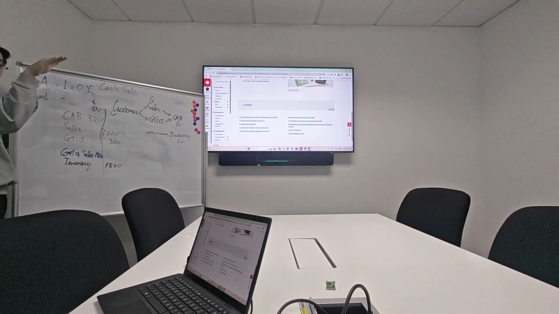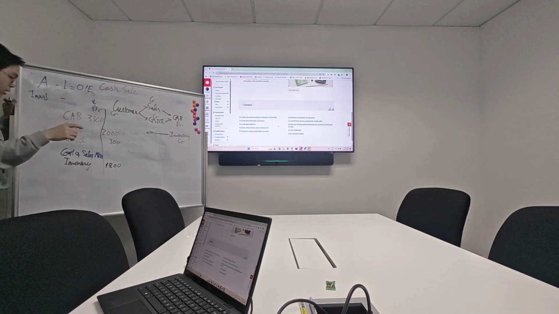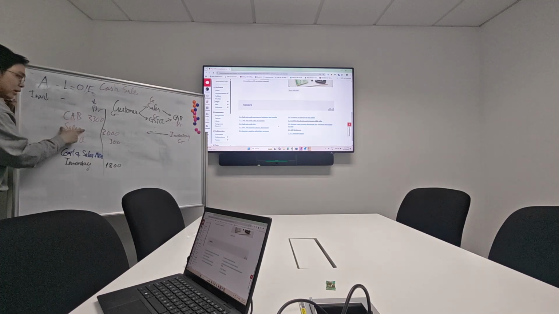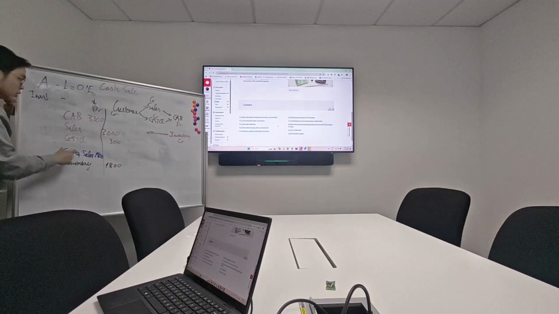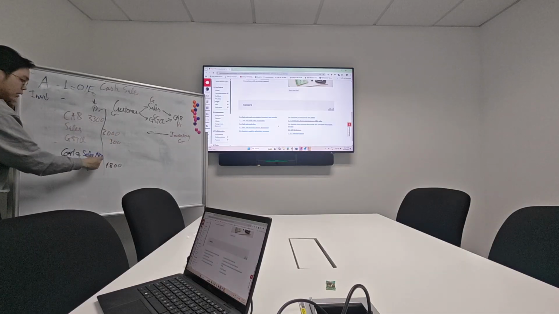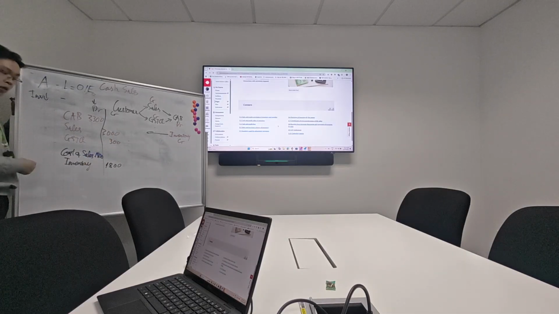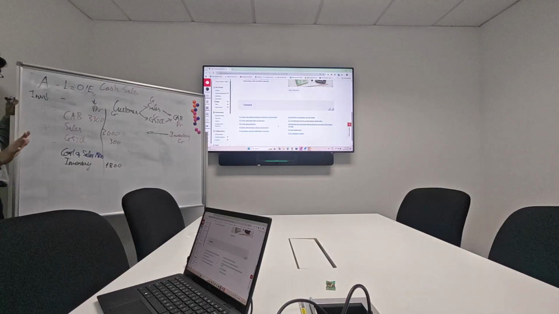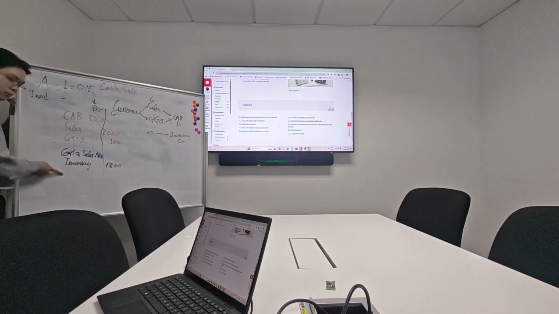Sales is selling price, cost is cost price. So this is selling price 3,000, and the cost of this 3,000 is 1,800. Where do you get this cost from? The inventory. So at this point, some students might find it confusing between these two accounts.